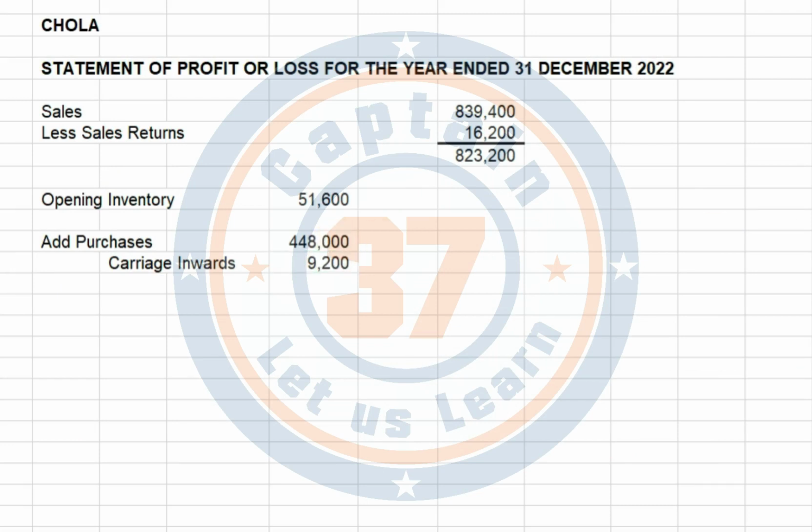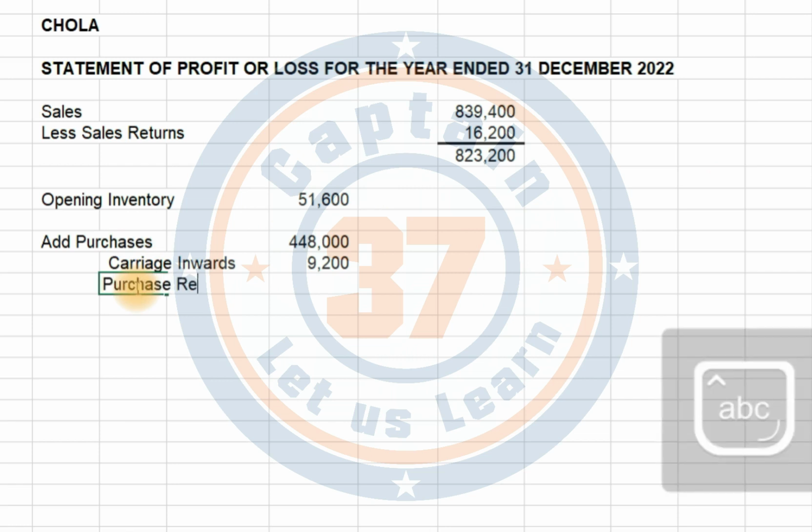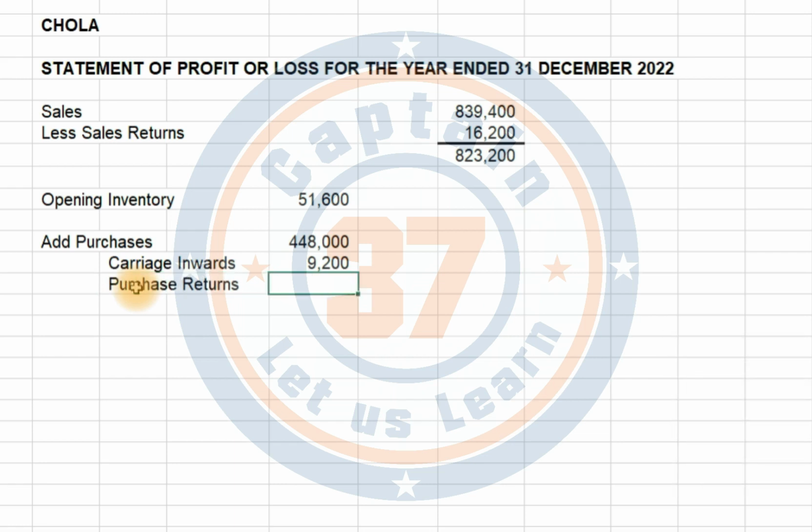We have another item relating to purchases, and that is purchase returns. And we need to subtract the purchase returns. We've been told that it is 11,400.